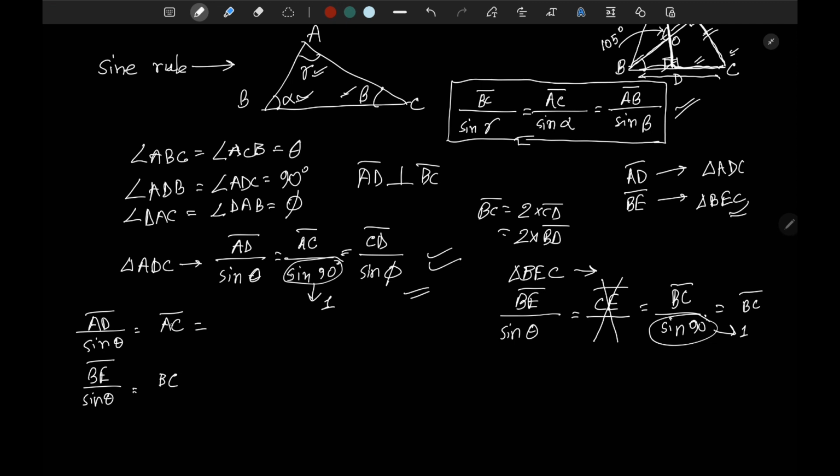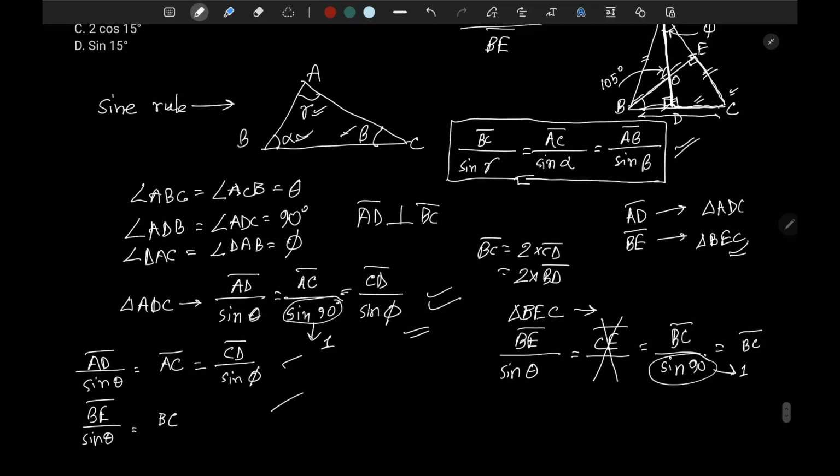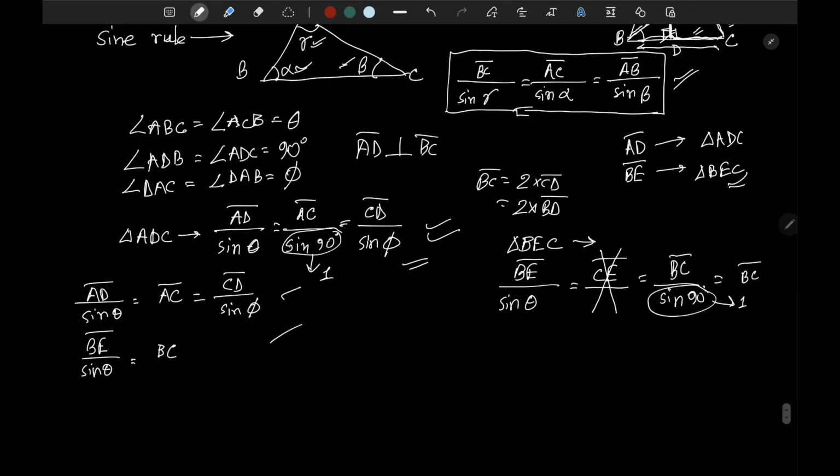And also this here AC is also equal to CD by sine phi. Okay, great. So now when we divide this by this, we already have this ratio. You can see sine thetas will get cancelled out, and we already have AD by BE on one side. Okay, that means we are proceeding in the right direction.